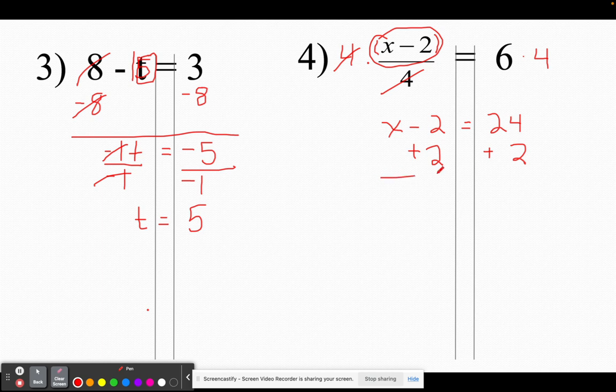And x will be equal to 26. Now, if I put a 26 up here, 26 minus 2 is 24. 24 divided by 4 is 6. So it does work.